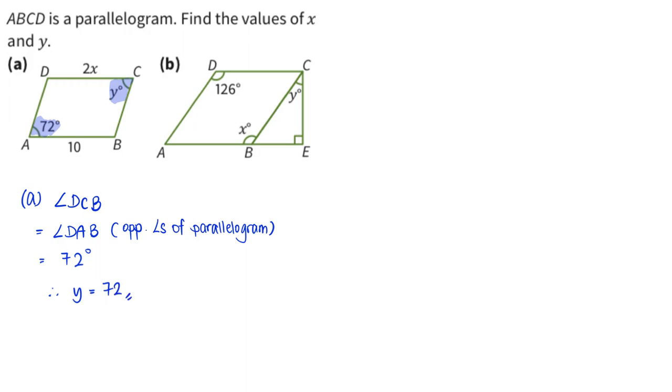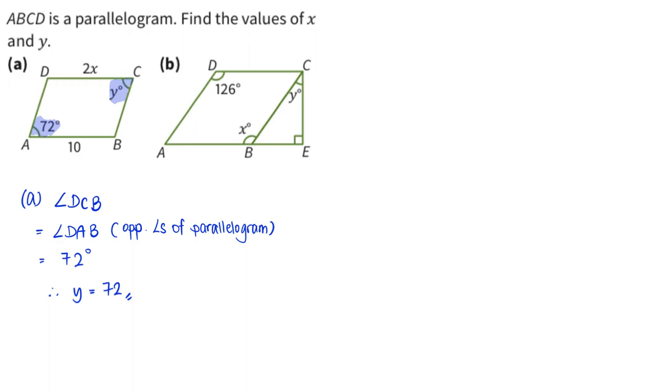Take note of how I represent my answers. If it is an angle that we are talking about, angle DCB, then I will write it as 72 degrees. But if we are simply going to write down the value of y, then there are no units for that.